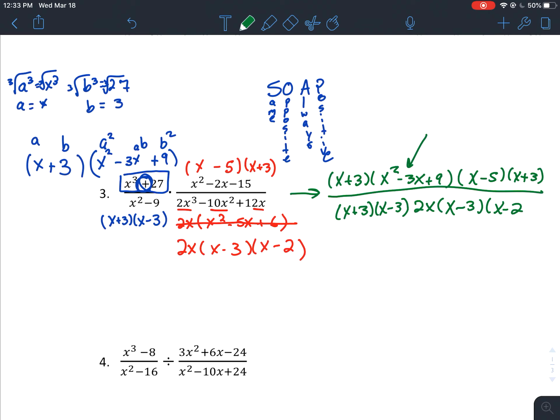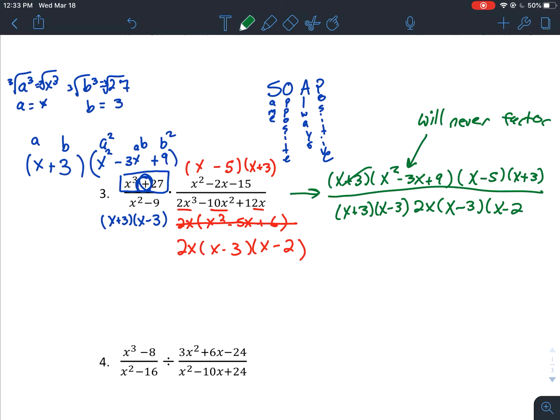So we look at the top, this one will never factor, okay? So with a difference of cubes, the second one will never factor. Same with a sum, which we did, a sum of cubes. Because that was a sum of cubes factoring, the second thing will never factor.